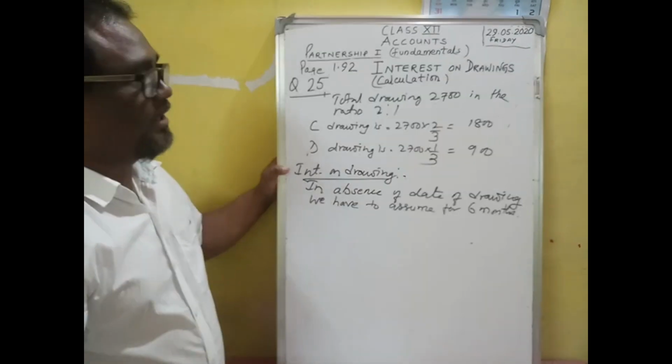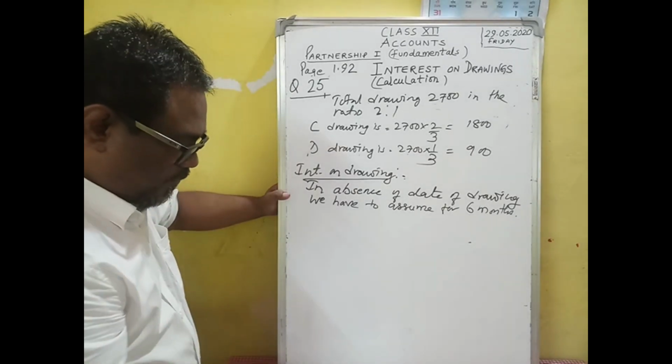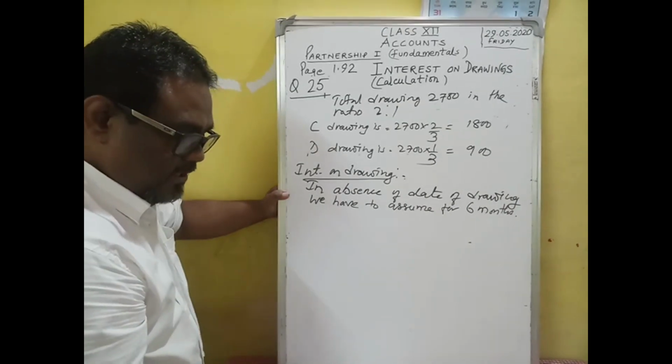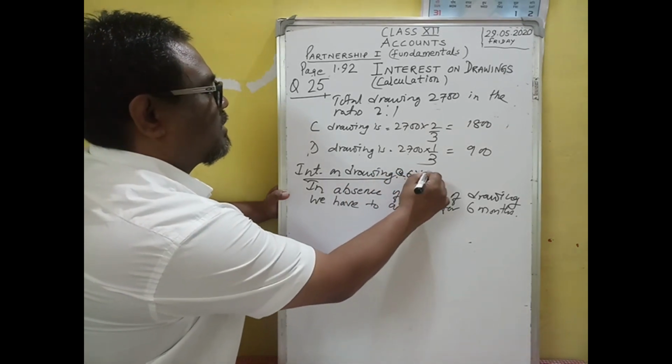In this question, date of drawings is not given, so we have to assume it for 6 months. The rate of interest on drawing is 6%. Interest on drawing at the rate of 6% per annum.